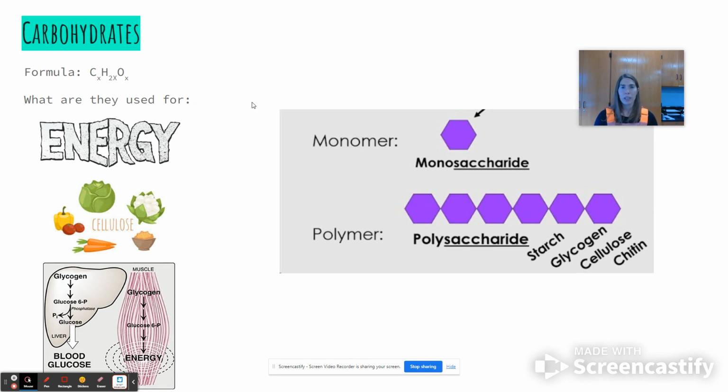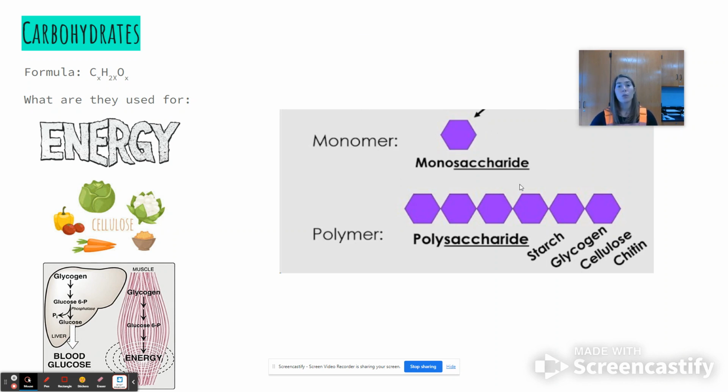Carbohydrates are used for energy. They're used for structures in plants like cellulose. And they're also used for blood glucose and glycogen, which is in our muscles, gets broken down for energy during hard workouts or long enduring workouts. The monomer for our carbohydrates is called a monosaccharide. Mono meaning one, saccharide meaning sugar. Our typical monosaccharide for carbohydrates is glucose.